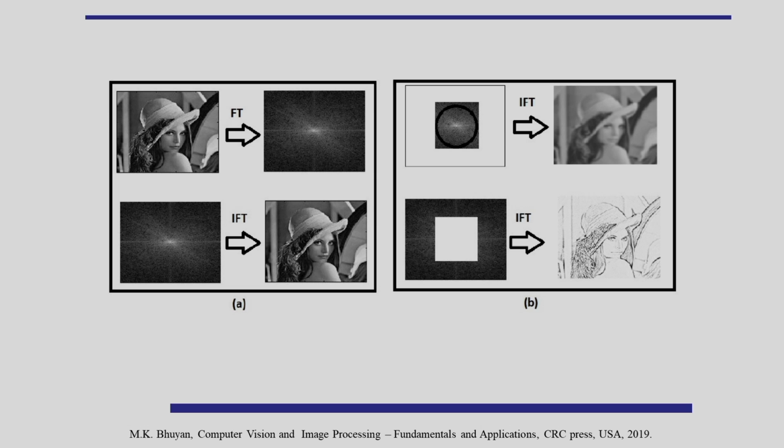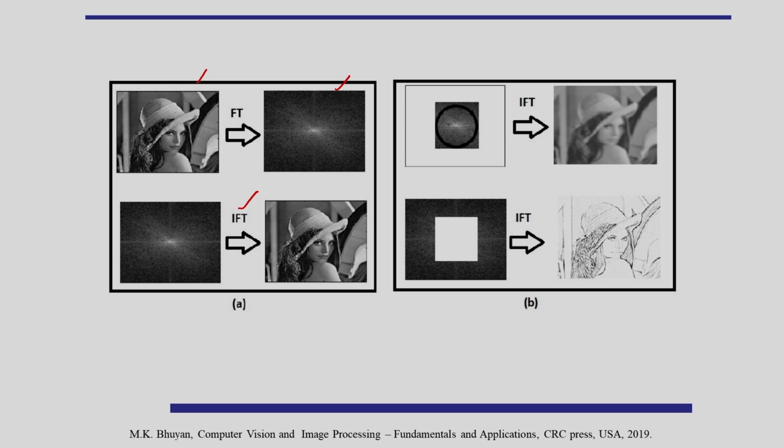And this concept I am showing here. So, I have the input image in the first diagram. If you see in the first figure, I have the input image. I am taking the Fourier transform of the image. Corresponding to this, I am getting the Fourier spectrum, and I have shown the reconstructed image by considering the inverse Fourier transformation.